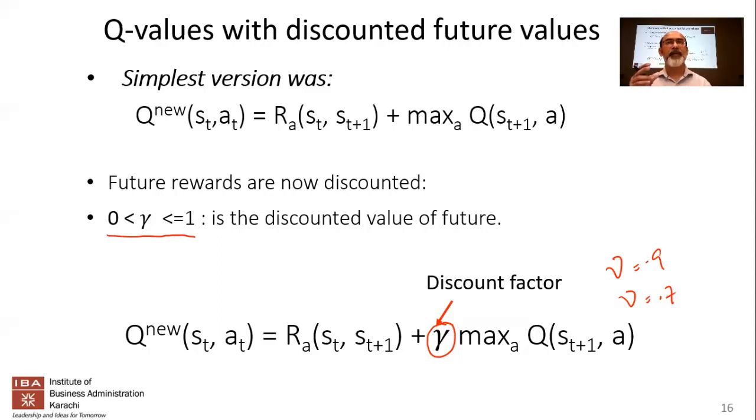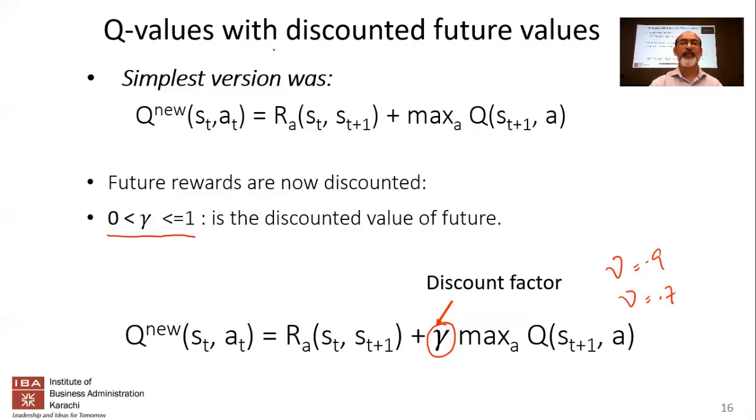It won't be exactly 0.8. And if you've done a little bit of finance, you know that you multiply these values. So it'll be slightly less than that. It won't be 0.8, it'll be 0.9 times 0.9. Anyway, you can solve this out, but it'll be a product of the gamma values. So this was the second type of Q.